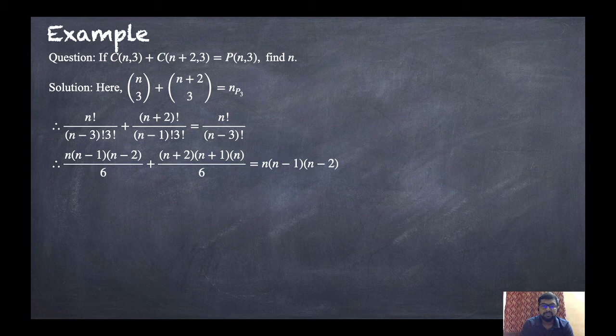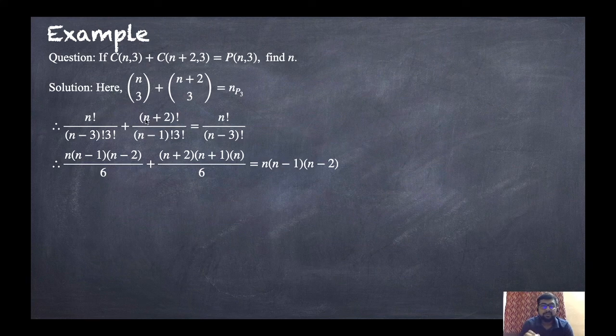Now we will just expand this. How? See, n factorial can be written as n into (n minus 1) into (n minus 2) into (n minus 3) factorial. So this (n minus 3) factorial and that one will get cancelled. What will remain is n(n minus 1)(n minus 2) upon 3 factorial, that is 6. Now in the same way here, we want to cancel this one.